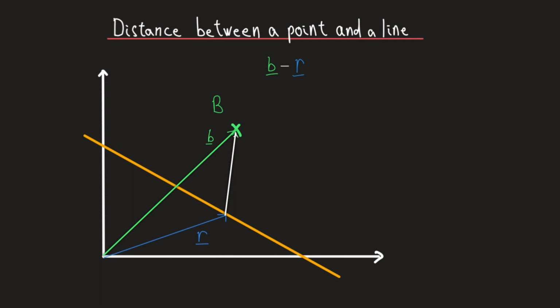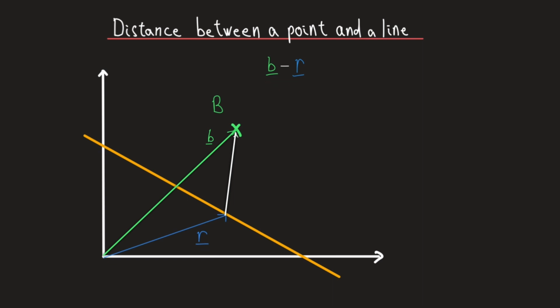And the reason we considered the difference vector over here is because it joins any point on our line and our point B over here. And so since we need to find the line joining point B and a specific point on our line so that it's perpendicular to that orange line, well, we need to consider the difference vector.